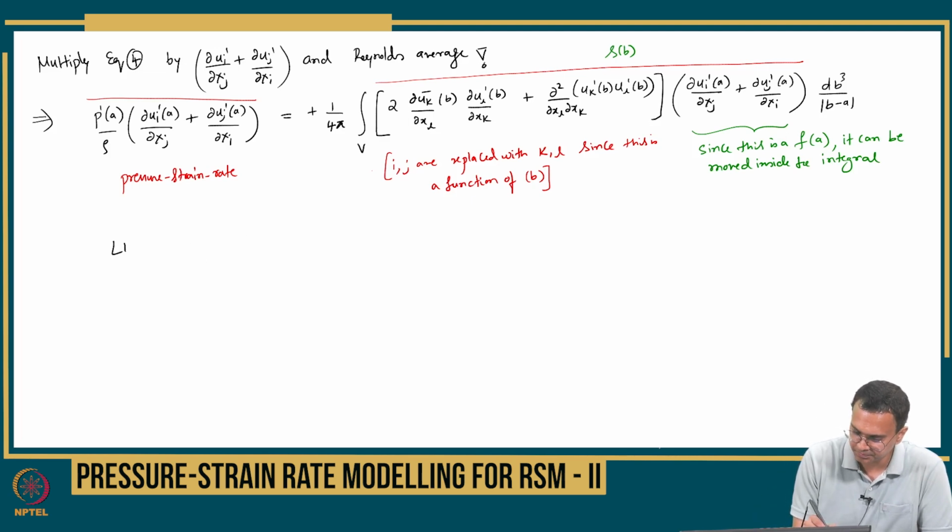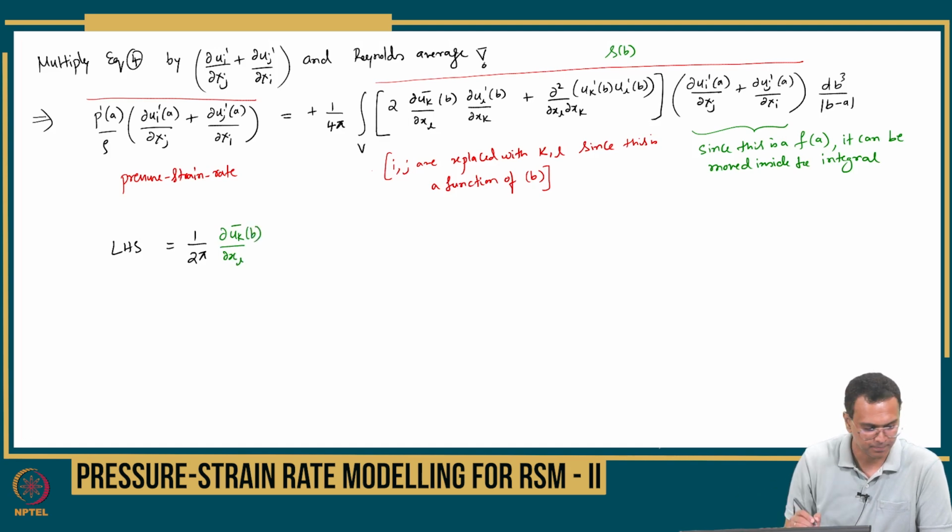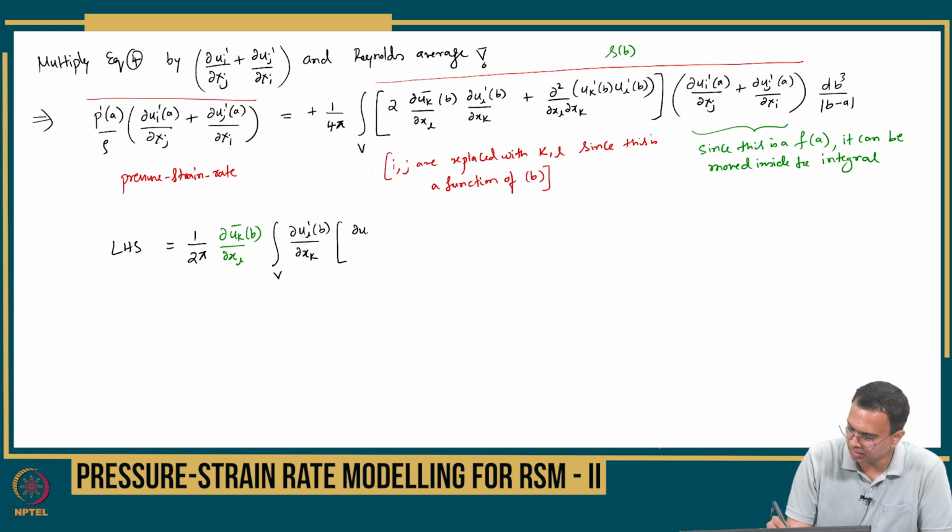So the left hand side is equal to the first, rapid part, which is 1 by 2 pi, and then I am moving the integral here, the mean ∂ūk/∂xl of B, the model assumption, integral over volume, ∂ul'(B)/∂xk, multiplied by ∂ui'(A)/∂xj plus ∂uj'(A)/∂xi.